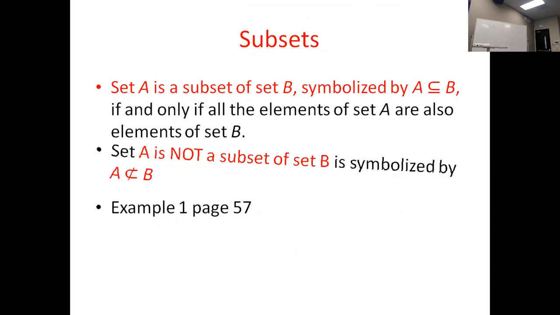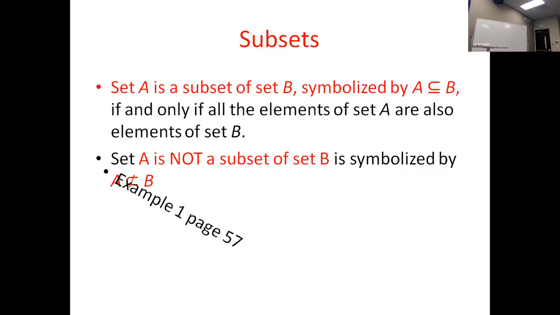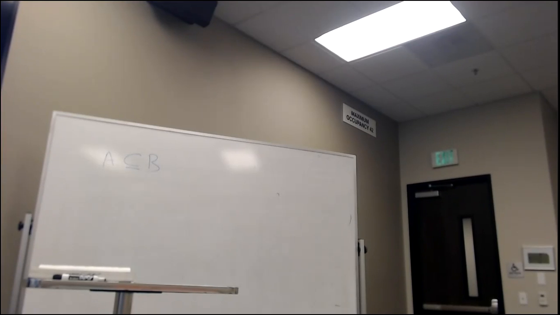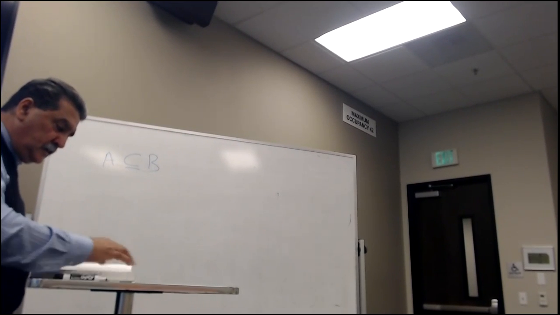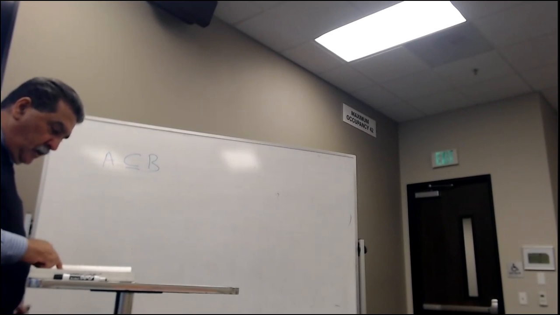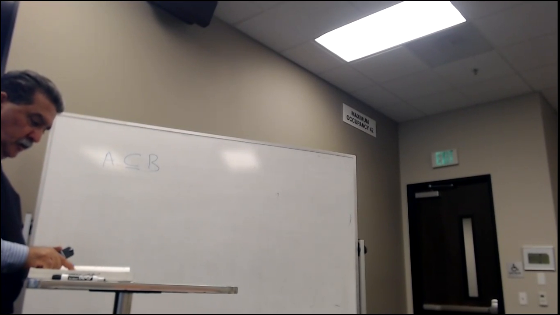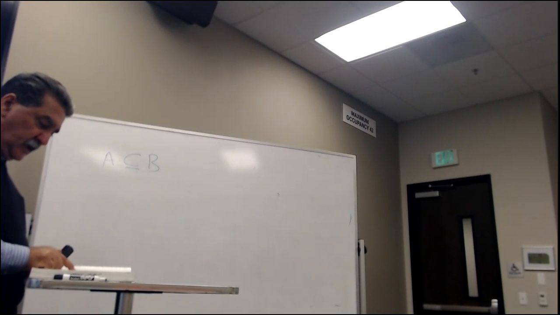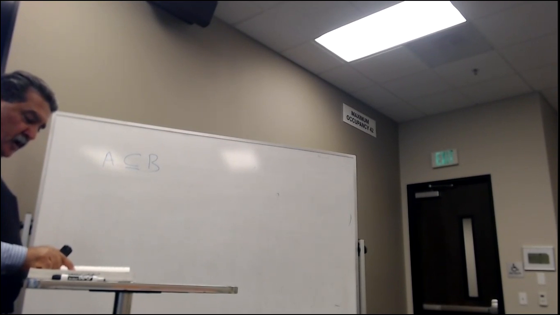Let's look at example 1, page 57. You have set A: 1, 3. And set B: 1, 3, 5, 7, 9, and 11.